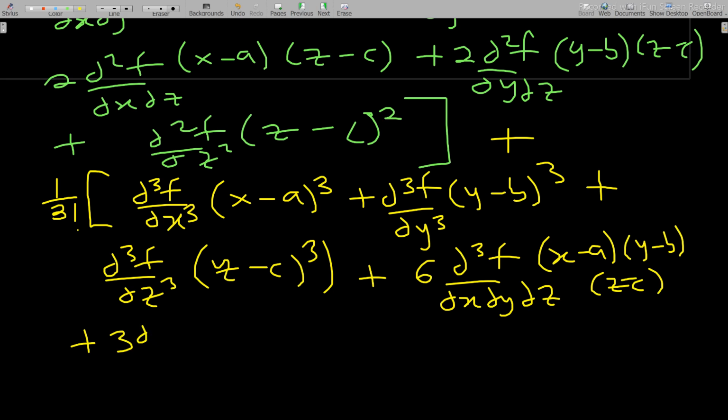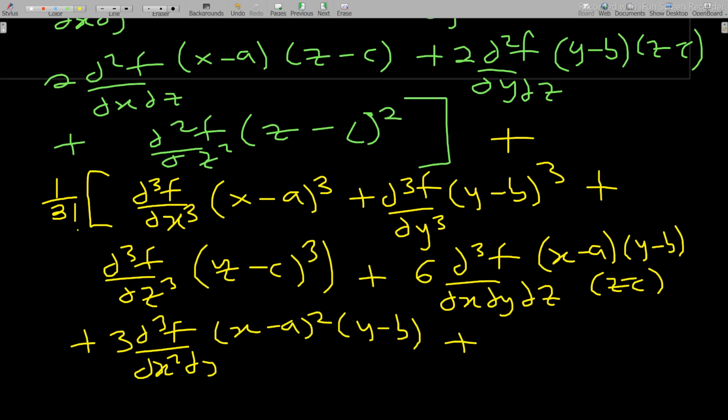3 ∂³f/∂x²∂y (x minus a) squared (y minus b), plus 3 ∂³f/∂x∂y² (x minus a)(y minus b) squared.